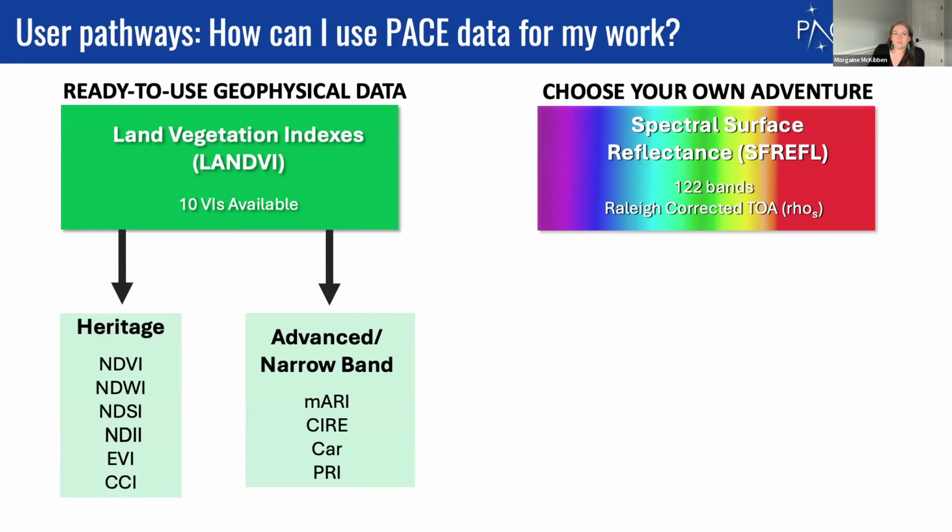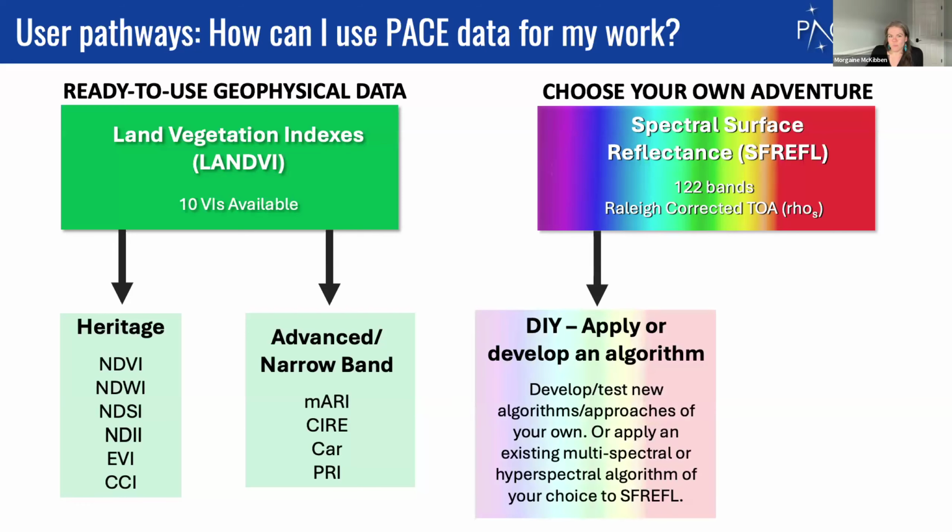We also have folks that are interested in going all the way to the spectral surface reflectance, right? So that's a choose-your-own-adventure type of data product, where you have 122 bands of spectral surface reflectance across the globe every day. That's a lot of information. But with that, you can develop your own algorithm for your application.